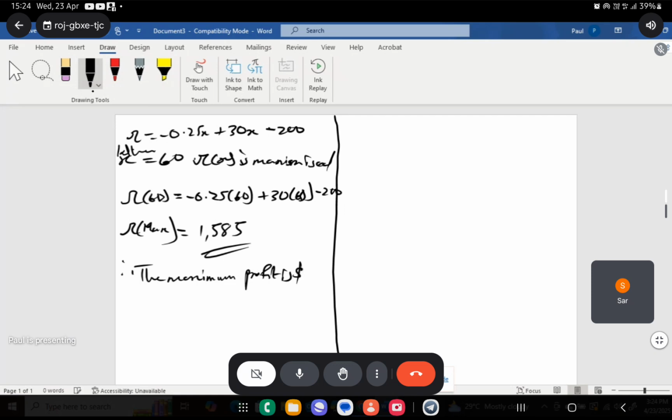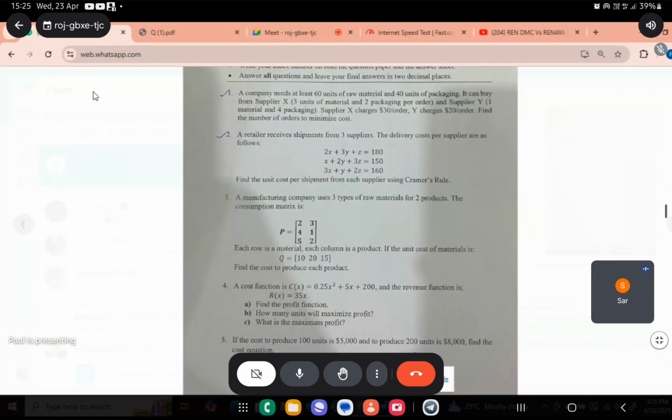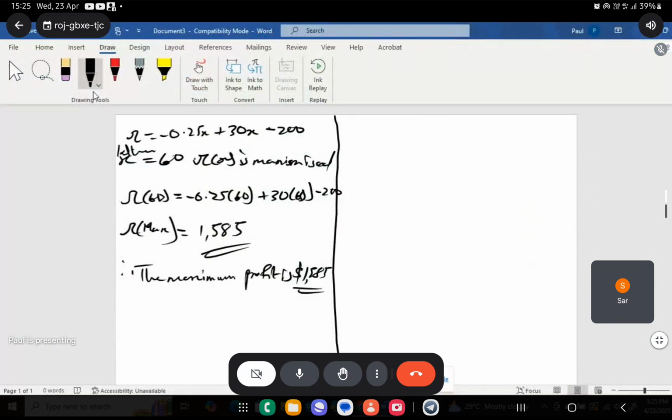I don't remember. 1580. I don't think they brought currency. So therefore, the maximum profit is that. That's the C. So the C, you just put the maximum output level in the function.